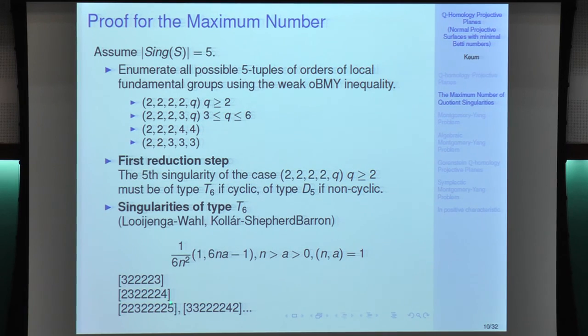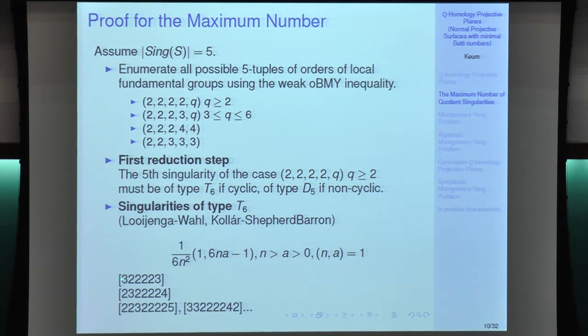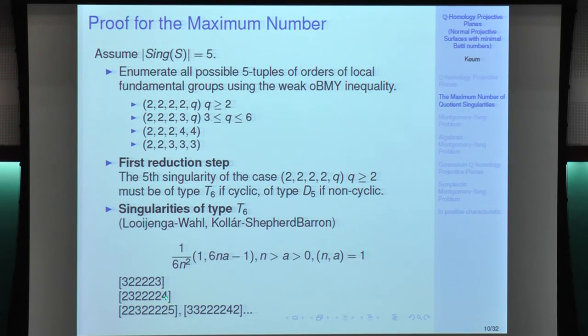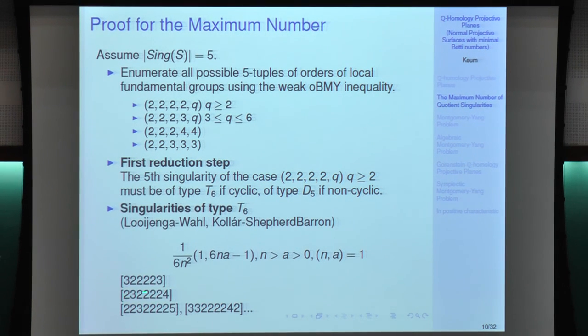So for the string of 7, you put a 2 here and increase this number by 1. Or when you put 2, you increase this number by 1, and you increase this number by 1 and put 2 here. In this way you can get all such singularities, so this is the complete list for this type of singularities.